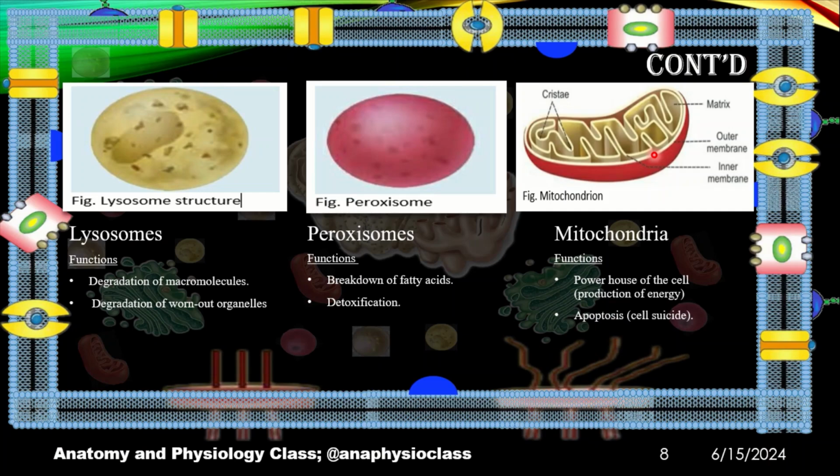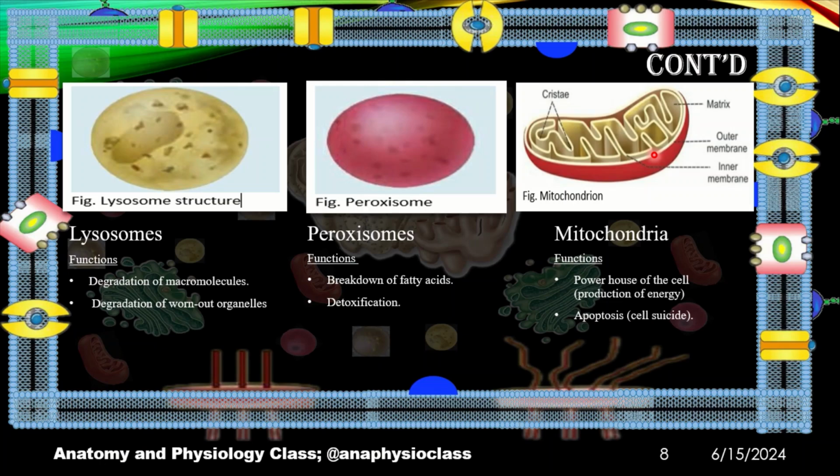function of mitochondria is apoptosis. Apoptosis is a programmed cell death whereby the cell destroys itself, and the cellular components get destroyed by the cell without damaging the cell membrane.